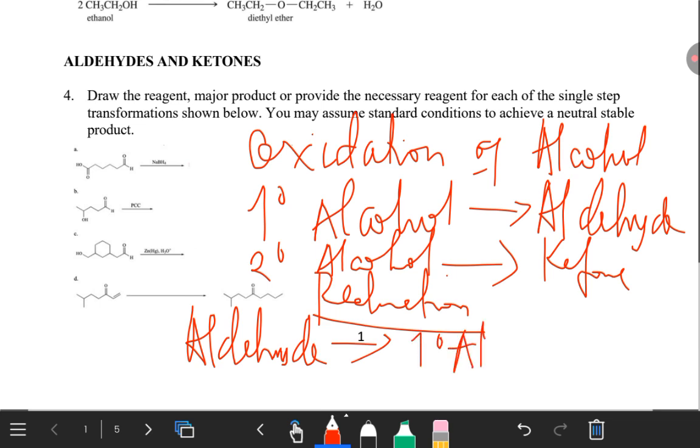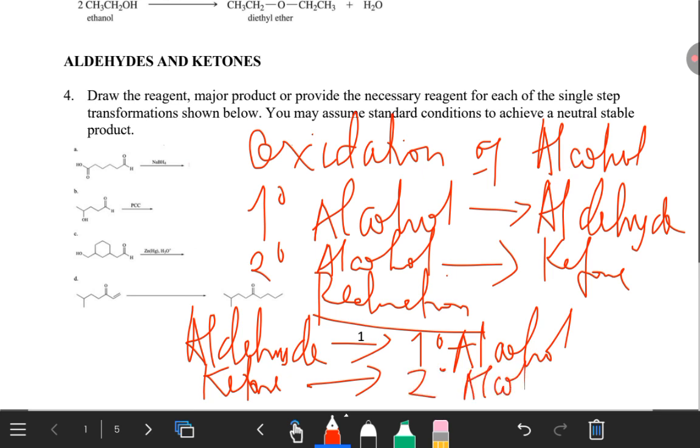So it's just the opposite. Then if we reduce a ketone, we are going to form a secondary alcohol. So this is the prerequisite knowledge we must have as we are solving these questions.